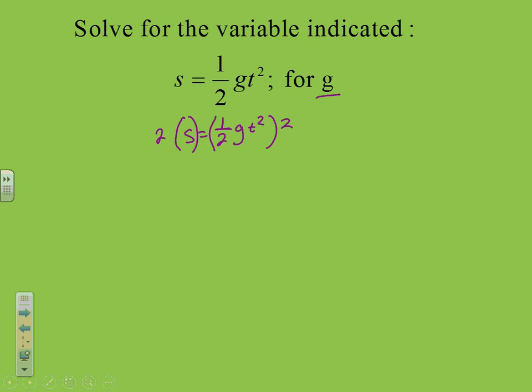So here on the left side, I get 2 times 1/2, and the 2 and the 1/2 simplify to be just 1, so that gives me g times t squared. And since we're looking for g, divide both sides by t squared, and that will give you g equal to 2s over t squared. And that's it for that one.